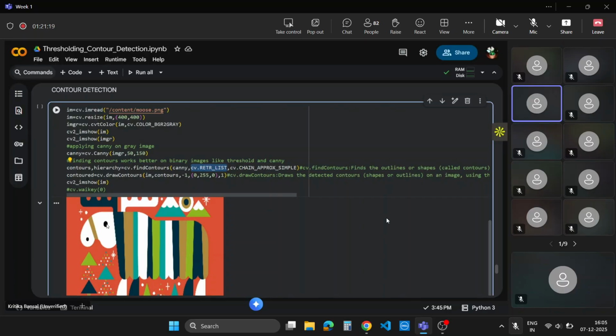Then you can have contours inside a contour as well, like the contour of this eye, the contour of the nose. So these are two different kinds of contours, the external one and the internal one. If you type here RETR_LIST, it will show you all the contours. If you type just external, it will only consider the external ones.